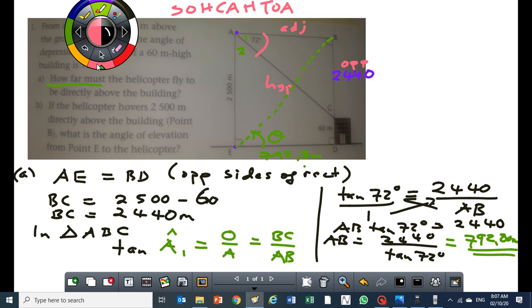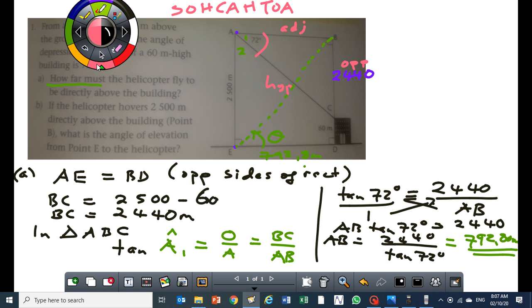Remember, the angle of elevation is measured from the horizontal plane in an anti-clockwise direction when the object being observed is above the horizontal plane. Which object is being observed? The helicopter, which is at point B. So once you are aware of that, then this becomes easy to put.